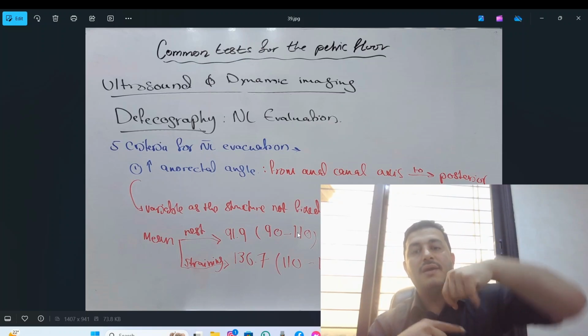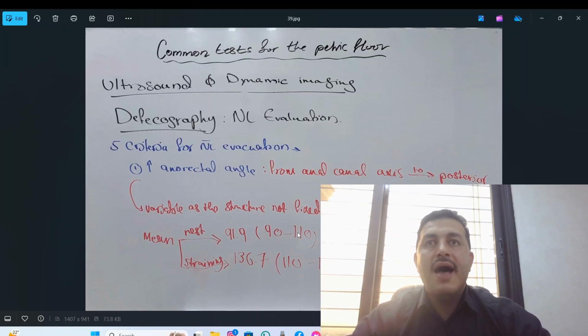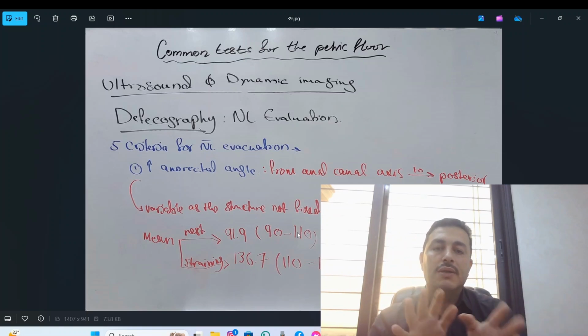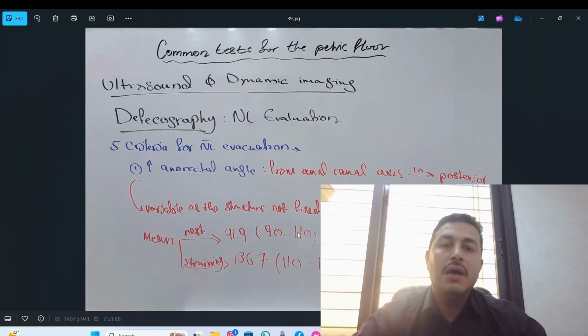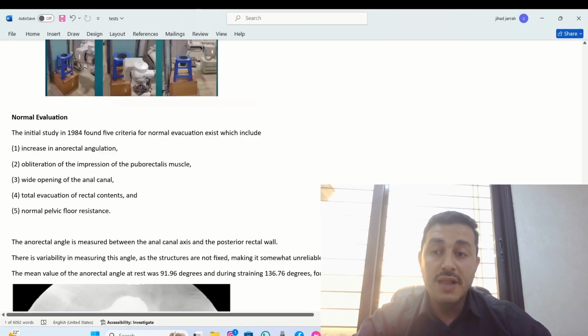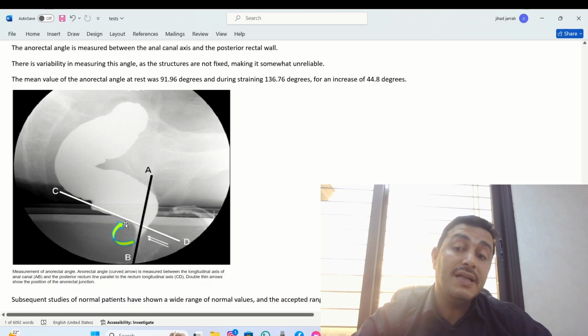At rest it should be between 90 to 110, and while straining it will be wider, between 100 to 180 degrees. Again, it is the angle between the longitudinal axis of the anal canal and the line parallel to the posterior rectal wall.